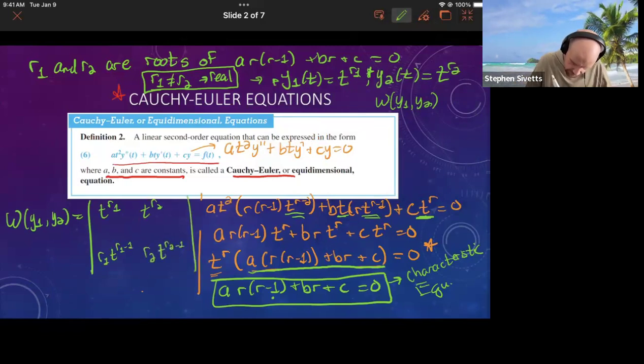Figuring out the determinant of that matrix, we'll have r2 times t to the r1 plus r2 minus 1, minus r1 times t to the r1 plus r2 minus 1.